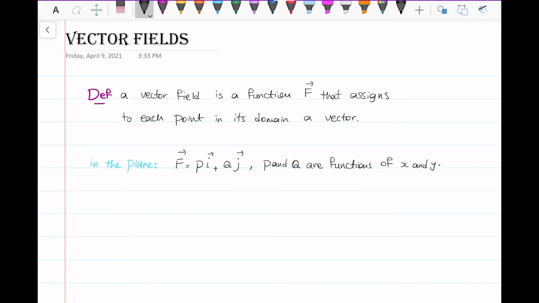Okay, and so since our vector field here is in the plane, at each point (x, y) in the plane, we have a vector F of x and y, which could be a vector with the first coordinate P of x and y and second coordinate Q of x and y.